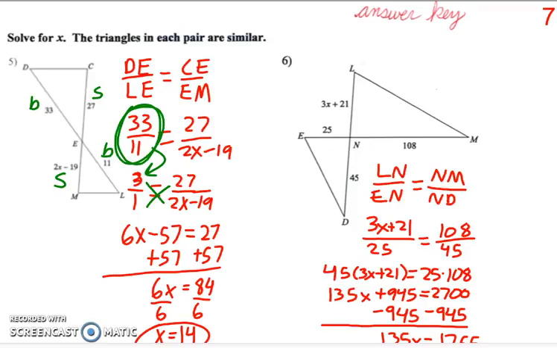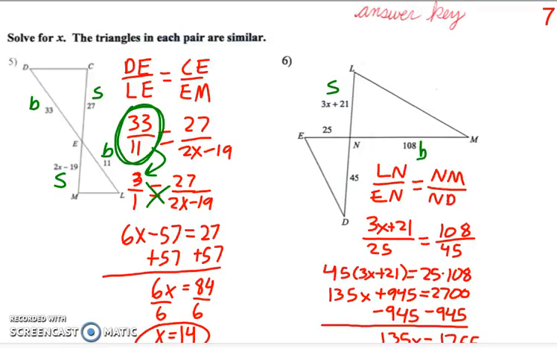With number 6, again, be careful on how you set up your proportion here. I'm going to put my S and B on this diagram here. On the top right triangle, I see that the smaller side is the 3x plus 21, and the 108 is bigger than that, so I'll put a B here.